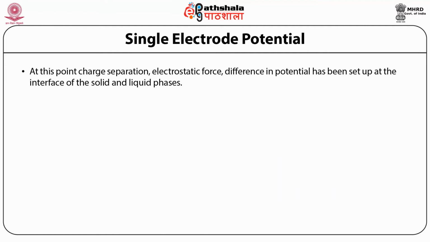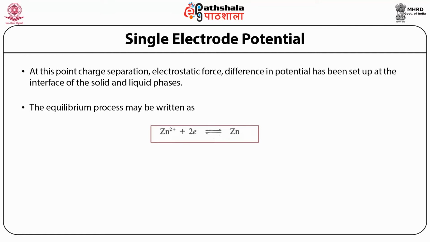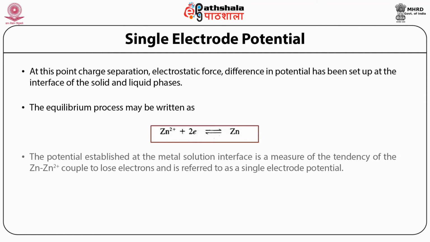At this point, a charge separation has been developed and an electrostatic force, or difference in potential, has been set up at the interface of the solid and liquid phases. The equilibrium process we have described may be written as Zn2+ plus 2 electrons in equilibrium with zinc metal. The potential established at the metal solution interface is the measure of the tendency of the zinc-zinc ion couple to lose electrons and is referred to as a single electrode potential.